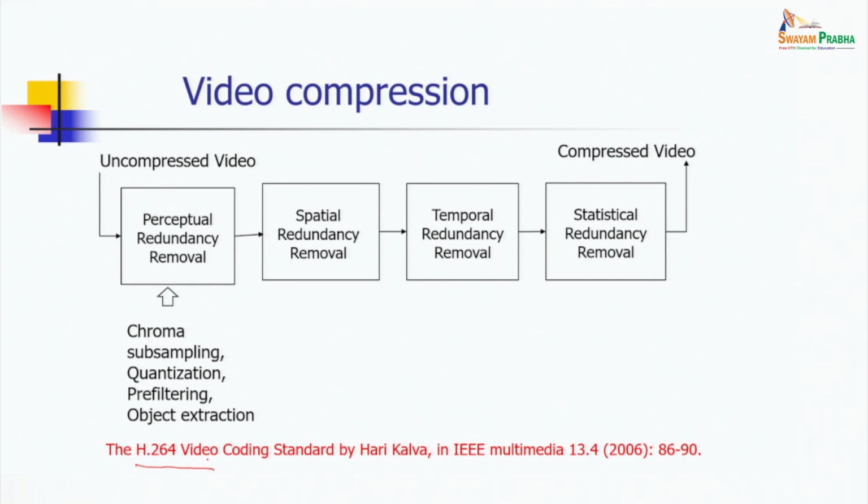Next is spatial redundancy removal, which is basically the similarity between neighboring samples, and different kinds of transforms take care of this. The discrete cosine transform is widely used for removing spatial redundancy, and the integer cosine transform is another option, which is computationally efficient because of integer arithmetic.